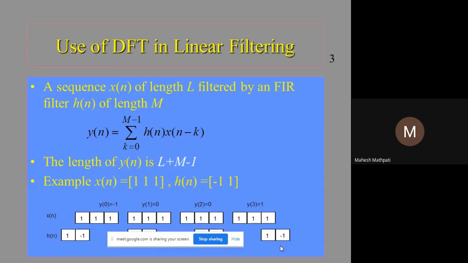Then the second point you write: a sequence x of n of length L filtered by an FIR filter with impulse response h of n of length m.